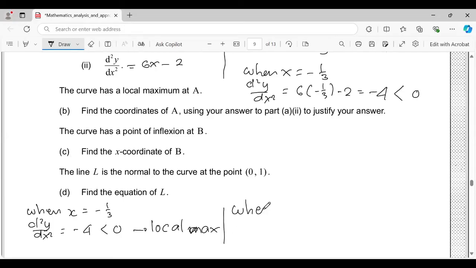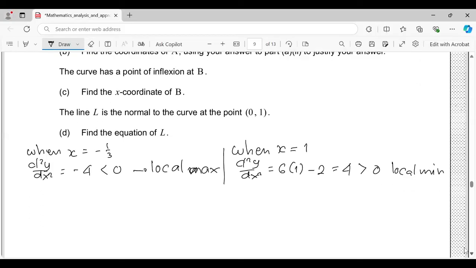Next, when x equals 1, the second derivative, 6 times 1 minus 2, it is 4. 4 is greater than 0, so this is a local minimum. Next, we're going to substitute the local maximum into y.